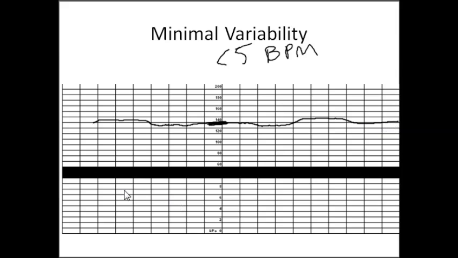There you go. This would be demonstrating minimal variability, assuming that if this box was 140, this was 150, you can kind of eyeball it. Halfway between the two would be approximately 5 beats per minute. So as long as we stay within 5 or less beats per minute variability, I would consider that a minimal variability in fetal heart rate baseline.